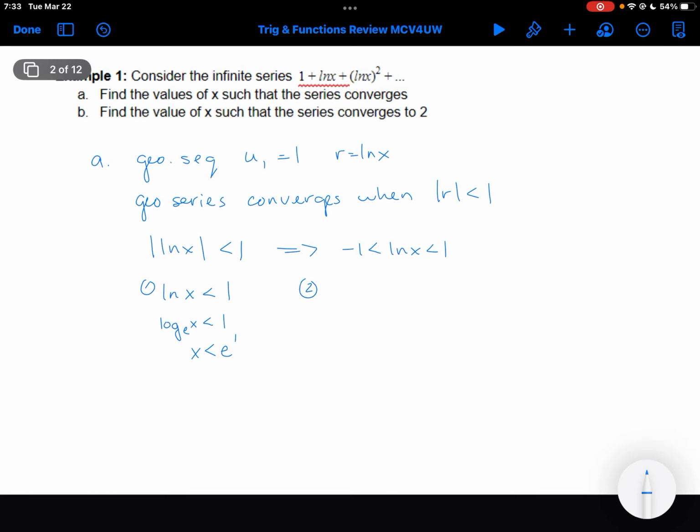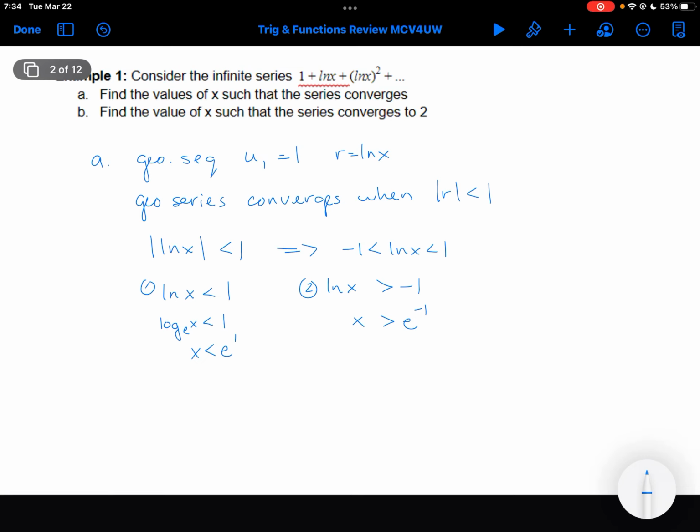If we look at the other side of our inequality, we've got that ln x has to be greater than or equal to -1. And here we can say that x has to be greater than e to the -1. So that is just changing from our logarithmic form to our exponential form.